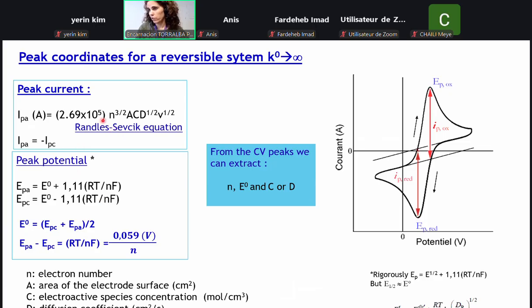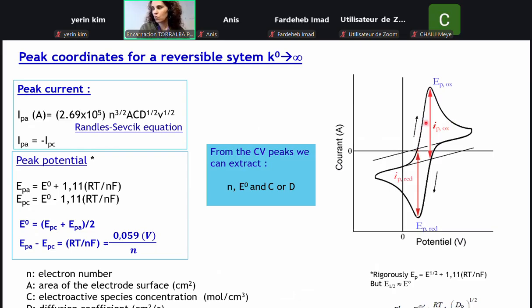And from there, you can obtain quite easily, for an unknown solution, the concentration or the diffusion coefficient. And from the position of the peak, you can obtain the standard transfer potential, also very easily. So this technique is really very useful because it allows you to obtain a lot of parameters in just 1 or 2 minutes.